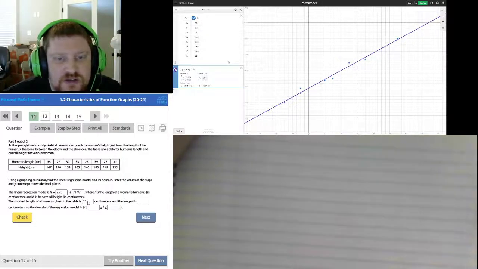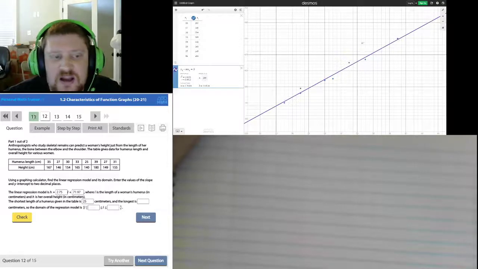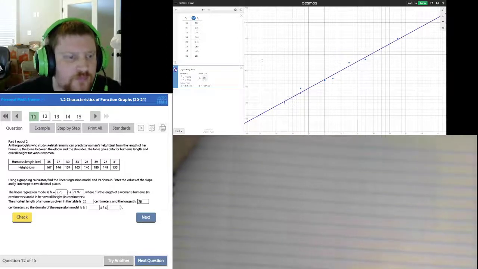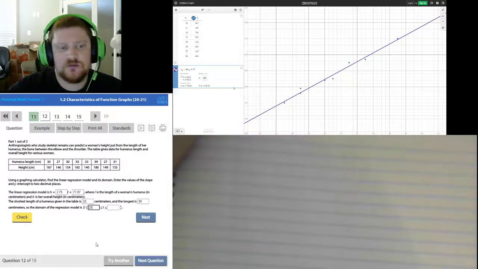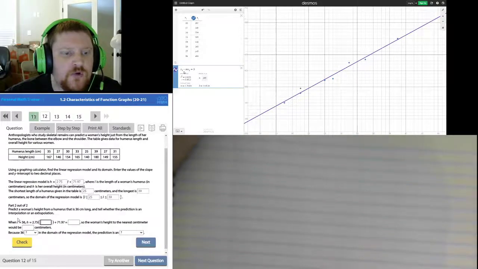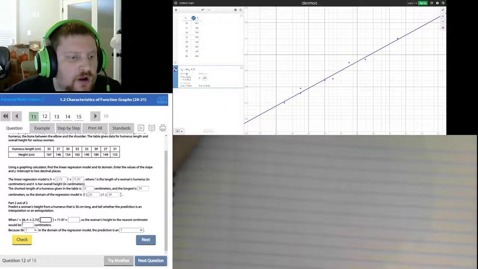The longest is, right here, 39. So the domain of the regression model is 25 to 39. Whew. Got it. All right.